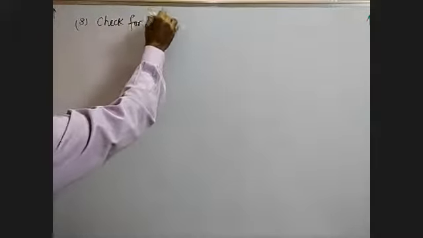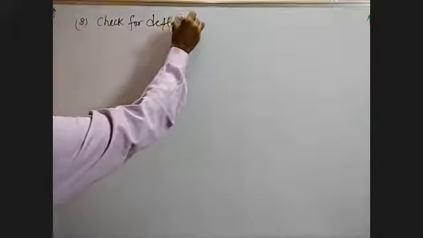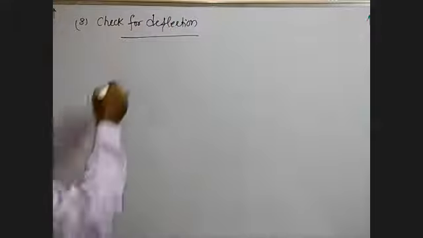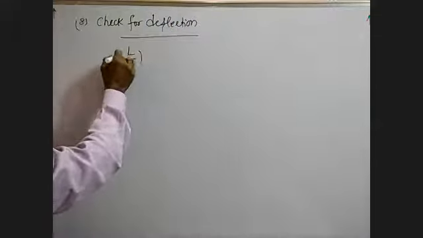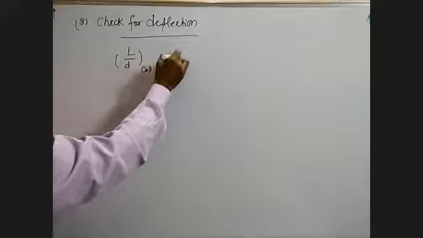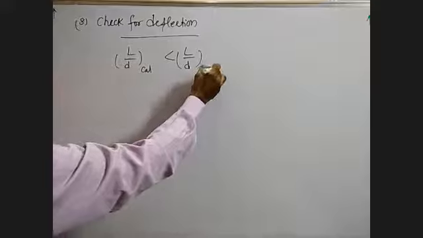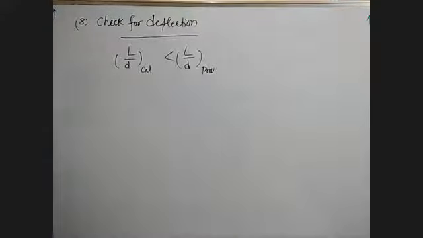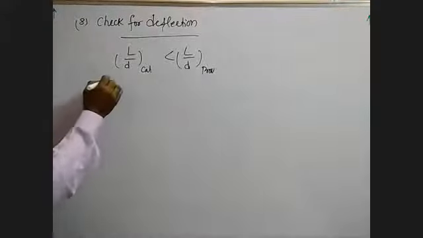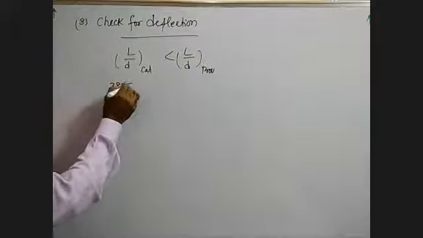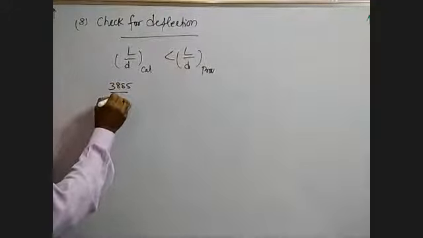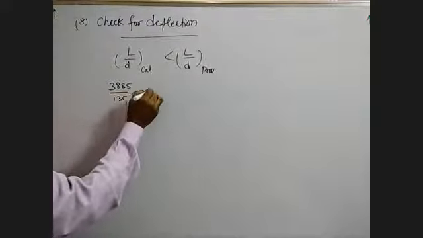Next step, the eighth step, check for deflection. L by D calculated should be less than L by D provided. L by D is 3885 divided by 135. It comes to 28.77.